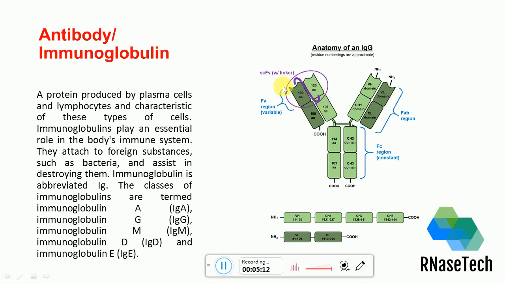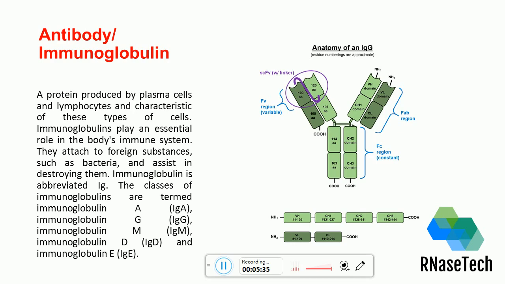Why is this region variable? Try to understand, every infection or foreign particle will be different from the other. So our immune system has developed a mechanism to cope with different foreign particles. Whenever a foreign particle comes, it will have a different structure or a different set of proteins expressed on its surface.